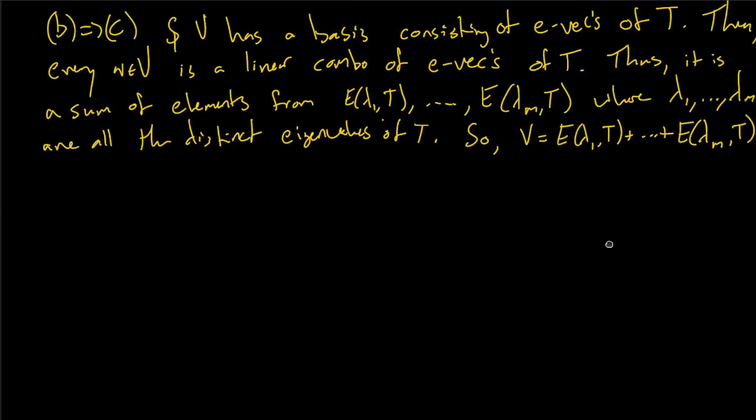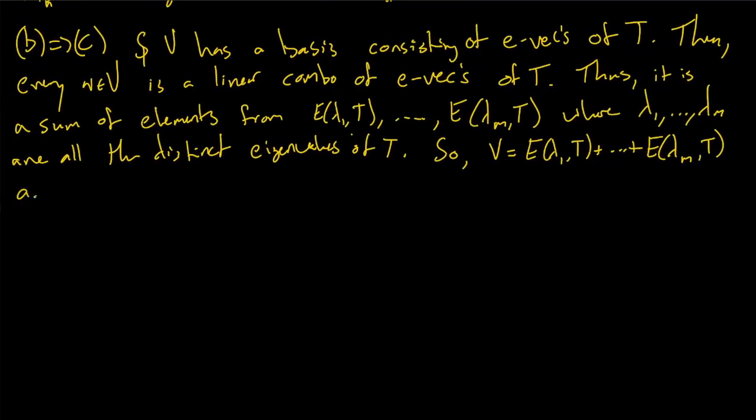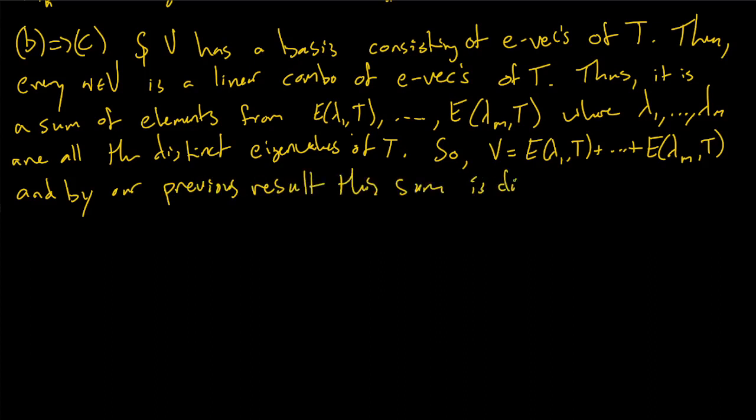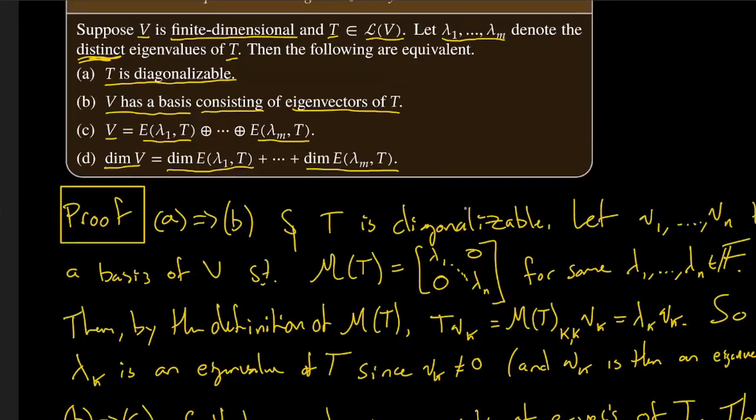That was the first thing we showed. And by our previous result, this sum is direct. Oh, nice. Okay. Bam. So we did A implies B. We did B implies C.